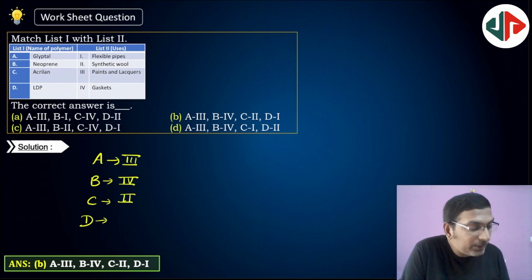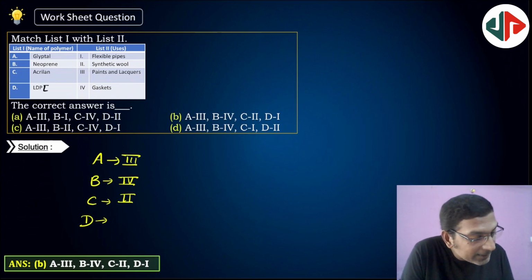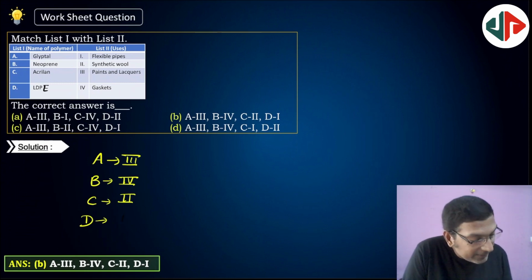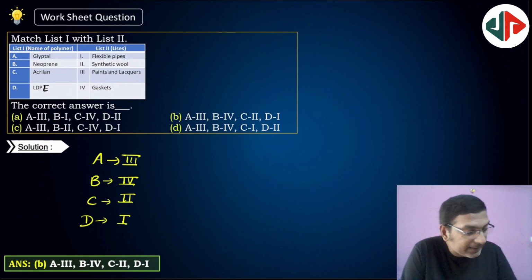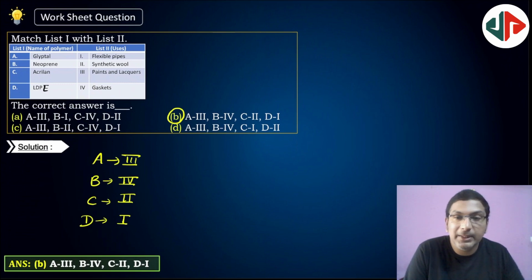Low density polyethylene, LDPE, is used in flexible pipes. See here 3, 4, 2, 1 is present in option B. Next.